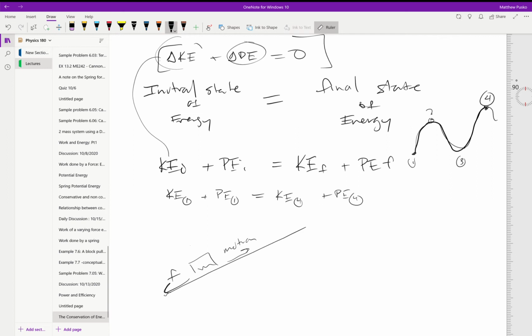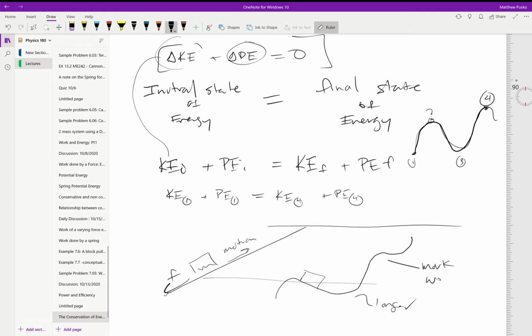We would have a different amount of friction than if I went to the same level but took a path that was curved like this, that was actually longer, right? This one's going to have more work by friction.